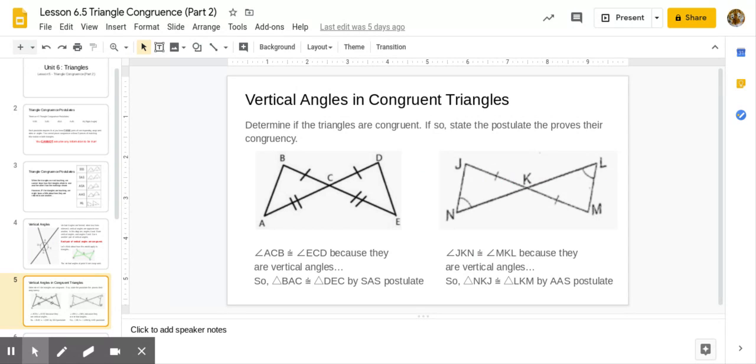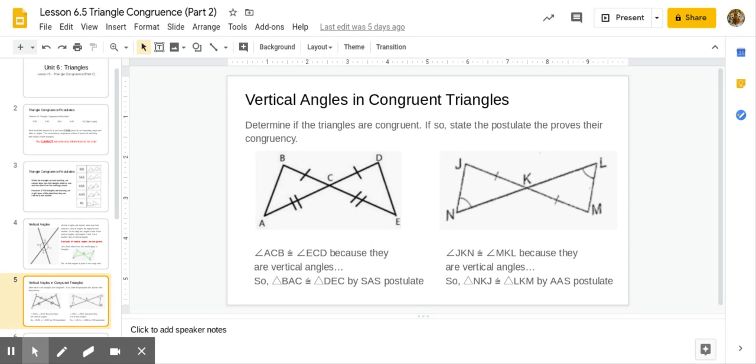Here we would look at determining if these triangles are congruent. The one on the left, we have triangle ABC and triangle CDE. They're touching at point C, which is a place where 2 straight lines intersect. So these are vertical angles. So angle ACB and angle ECD are going to be congruent because they are vertical angles.